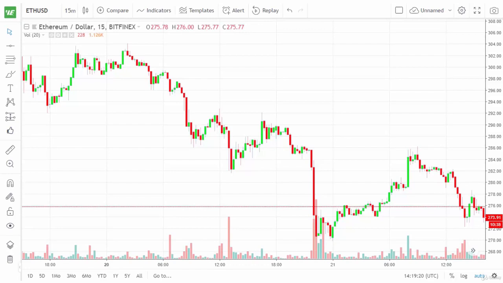Suffice to say, Fibonacci has its detractors and skeptics, and my best opinion on this is simply that there's a certain amount of self-fulfilling prophecy to Fibonacci. So whether there's actually something to it or not, it's irrelevant. What is relevant is the market tends to react to it.